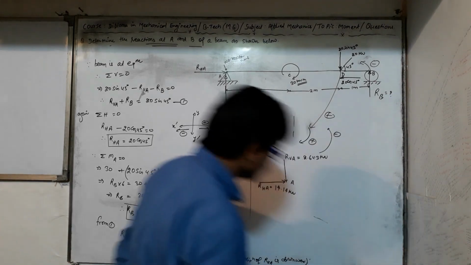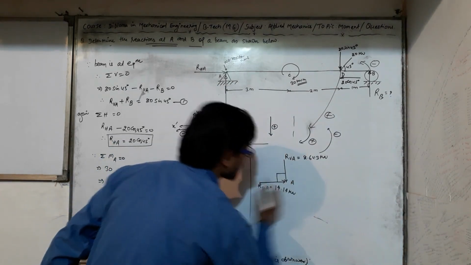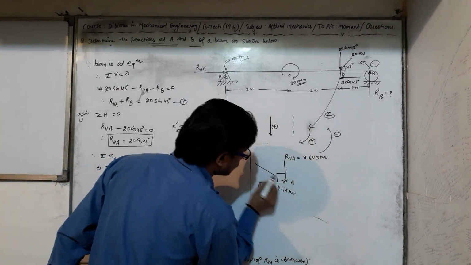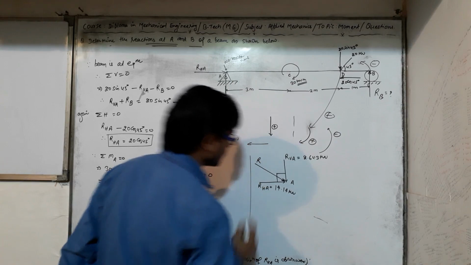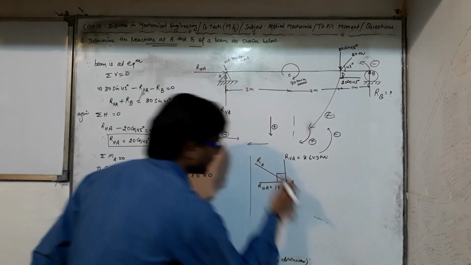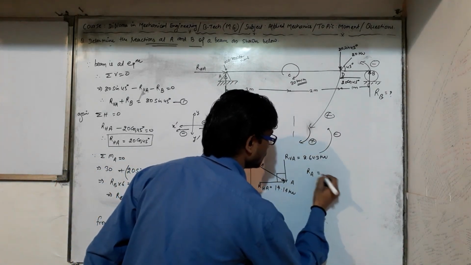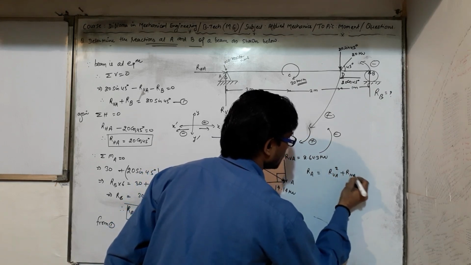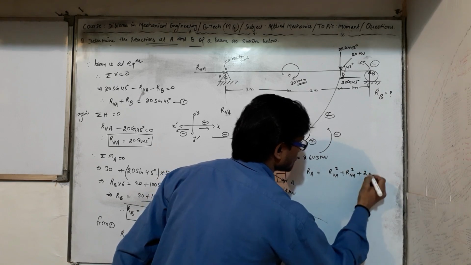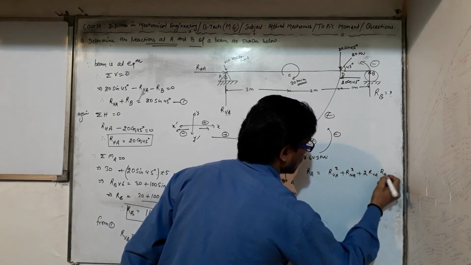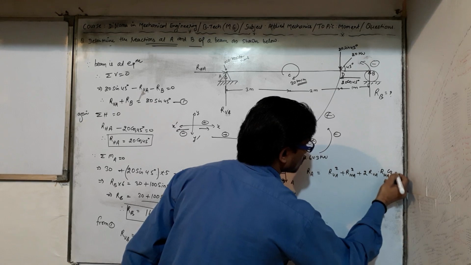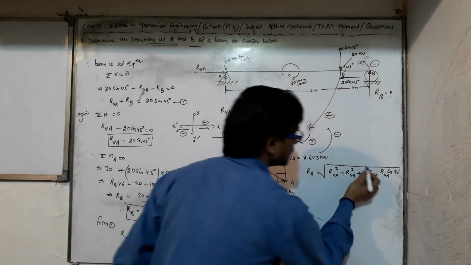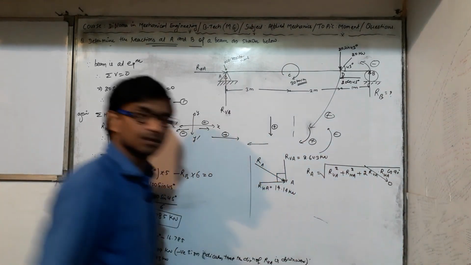Since these two forces are acting perpendicular to each other, the overall resultant force at point A must be evaluated. RA is nothing but the square root of R vertical A square plus R horizontal A square plus twice R vertical A into R horizontal A into cos of how much? 90 degrees. So this goes 0, because cos 90 is equal to 0.